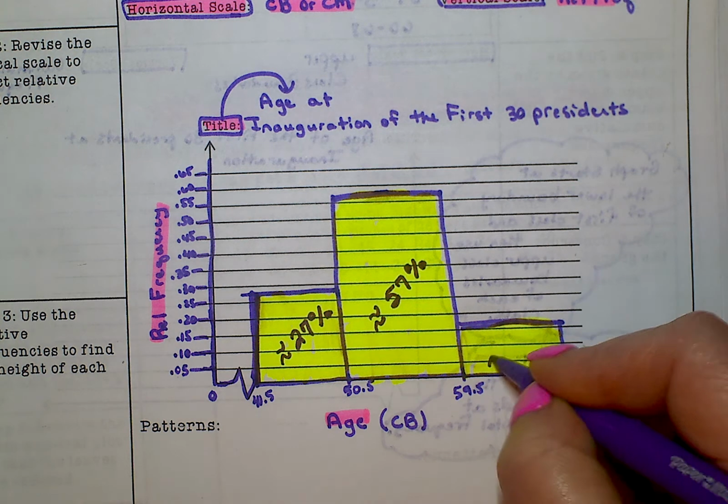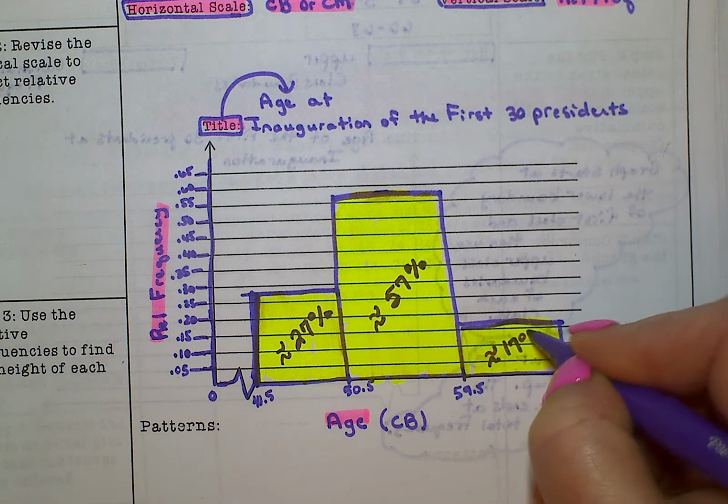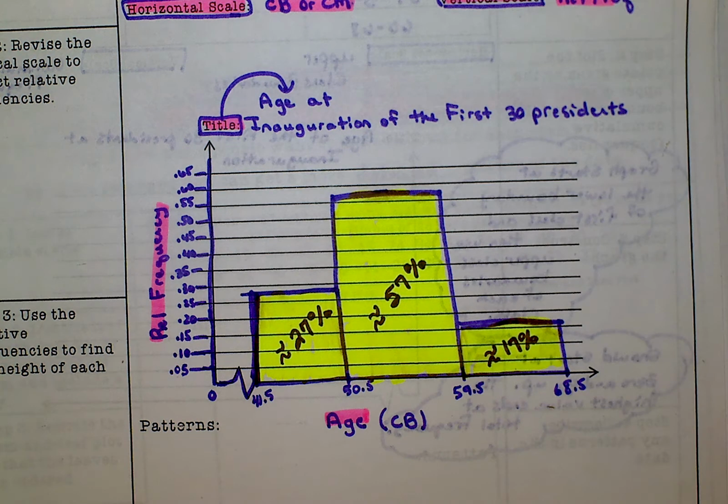And then this one would be approximately 17%. Okay. So when you're trying to think of a pattern, one of the patterns would be more presidents' ages were between the 50.5 and 59.5 class boundaries for their ages. So somewhere between 51 and 59 is where most of the ages fell.